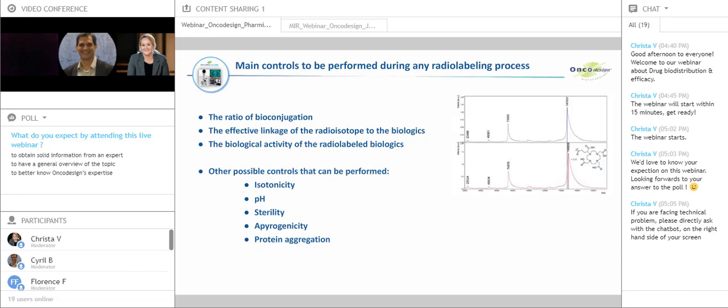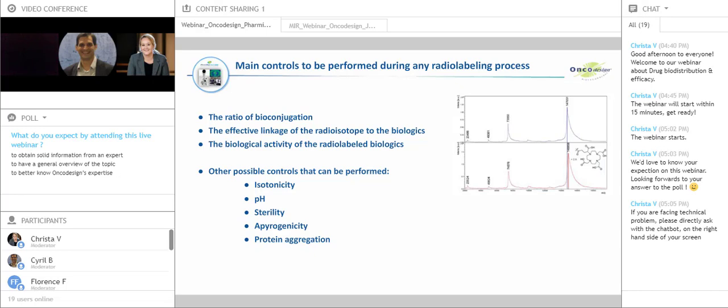There are some controls that need to be performed during any labeling process. For bioconjugation, we have to measure the ratio between the chelating agents and the biomolecule. Usually a ratio of 2 to 1 is what we try to reach, especially with random radiolabeling. If you have many cysteines or many lysines, it's good to control this ratio to avoid any impact on your biological activity.